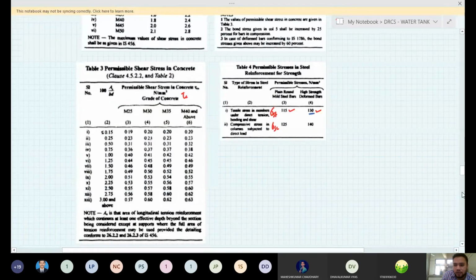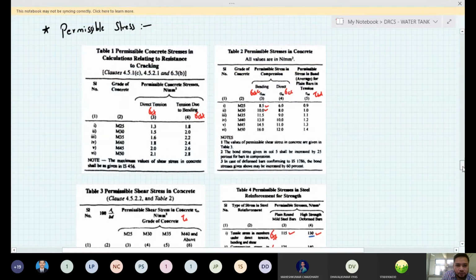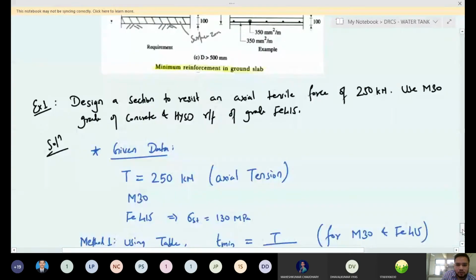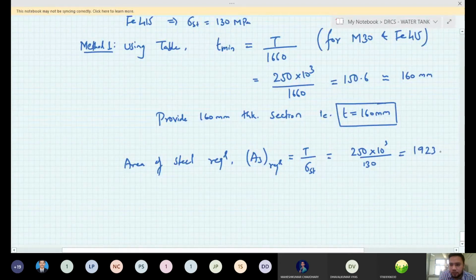Okay, and for M30 grade of concrete, it is divided by 130. You can find this value. So this will be around 1923 mm square.